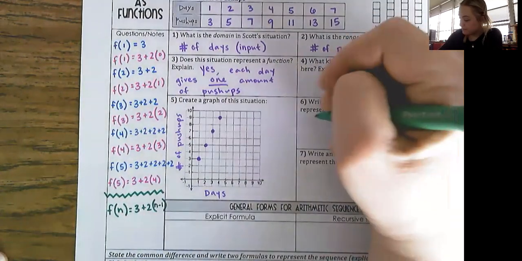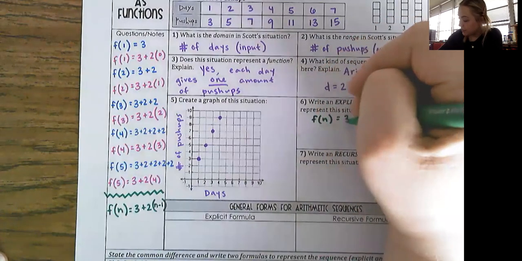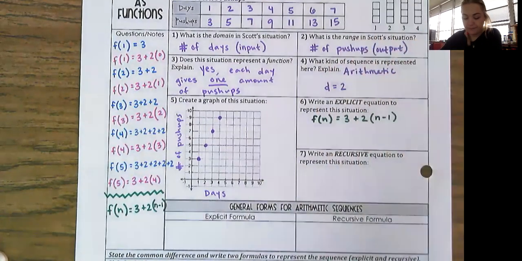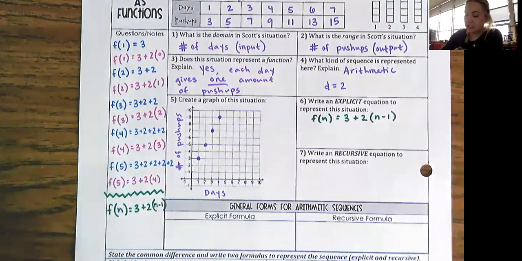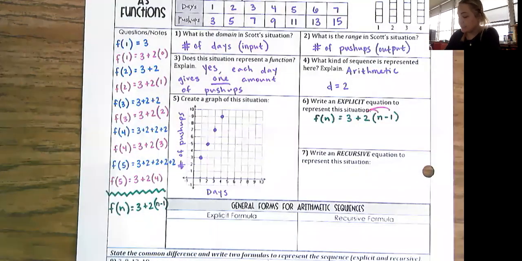F of n equals 3 plus 2 times n minus 1. Okay, so let's do a little bit of distribution. This needs to be distributed to everything inside the parentheses.